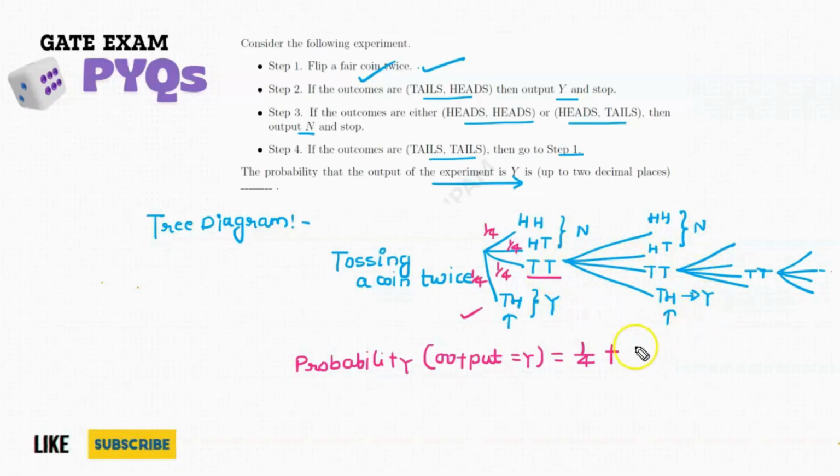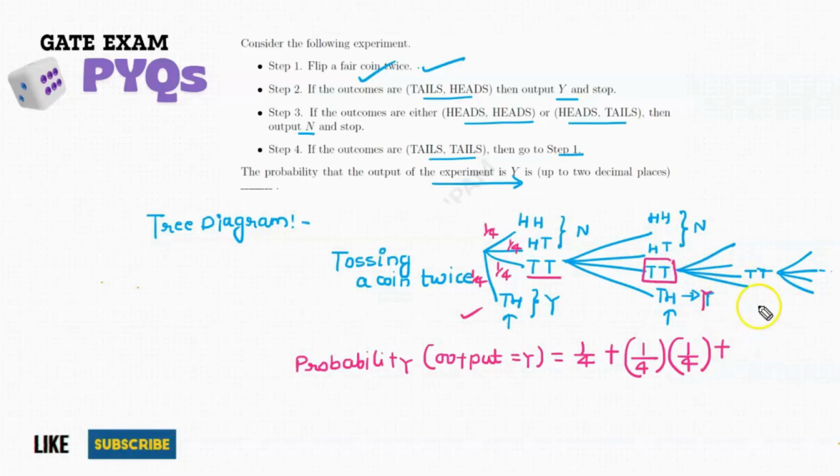So for tail tail the probability is 1 over 4, and again we will get Y with tail head, where the probability is 1 over 4 again. Again, if we get tail tail, we will flip the coin twice. So again we write 1 over 4 for this tail tail and 1 over 4 for the previous one, correct? And for this tail head, it is 1 over 4.